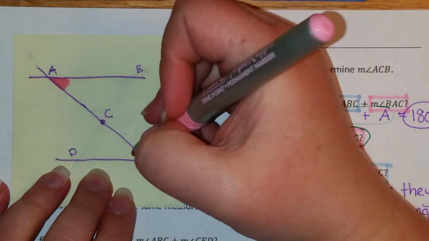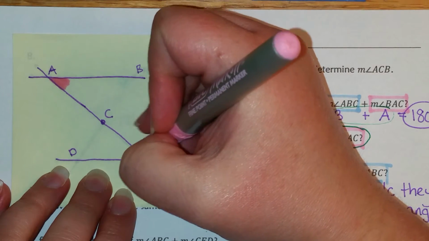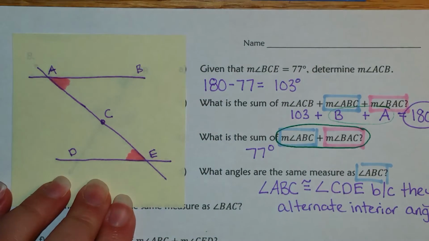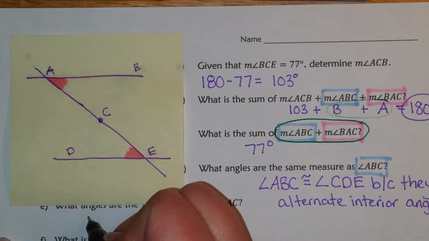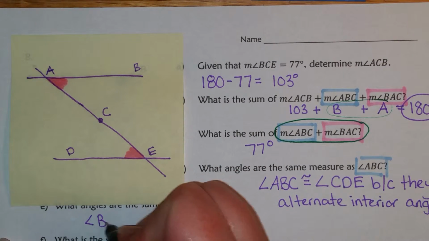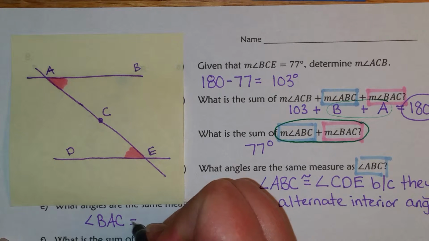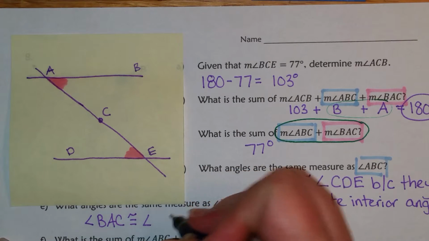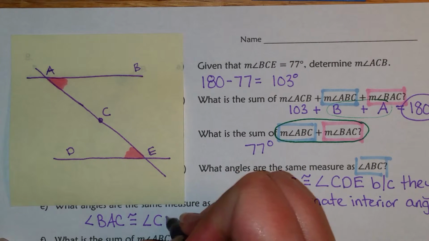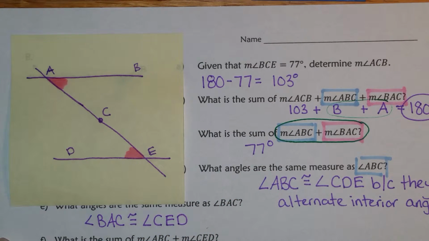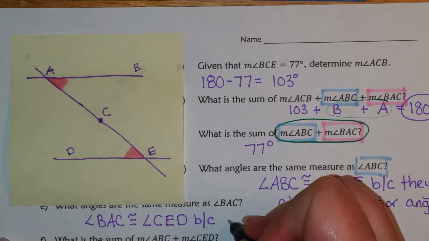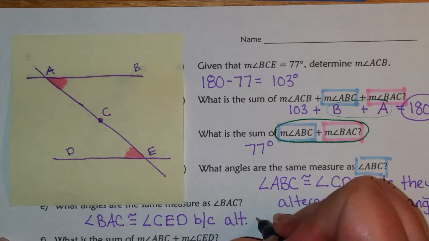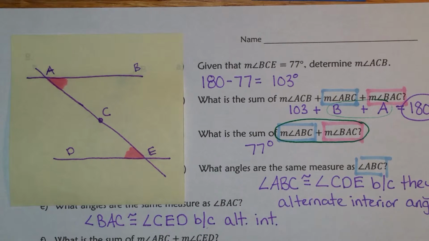Using my transversal rules, I see that angle E is the alternate interior, and it must be congruent. So angle BAC is congruent to angle CED because they are alternate interior angles.